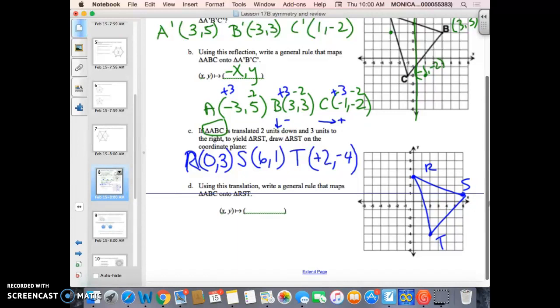Okay, what's the rule for this transformation? Well, you could say T, remember the x comes first, so it'd be +3, -2. Or you could say x +3, y -2. A couple different ways to write it.